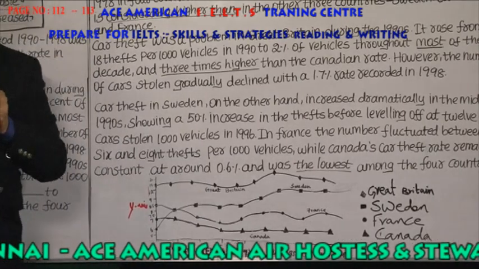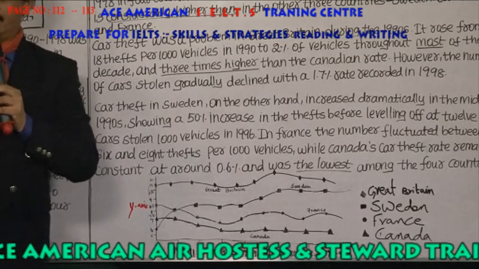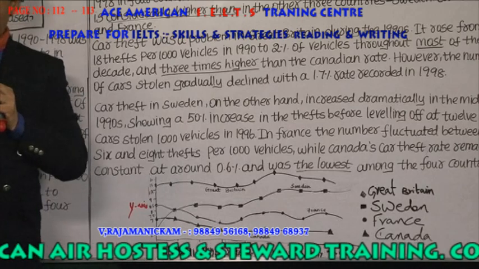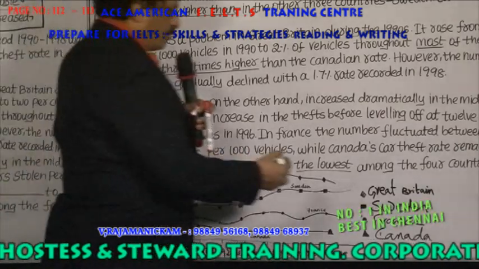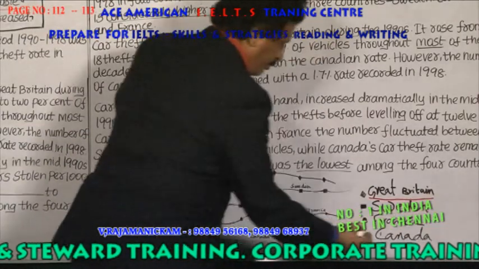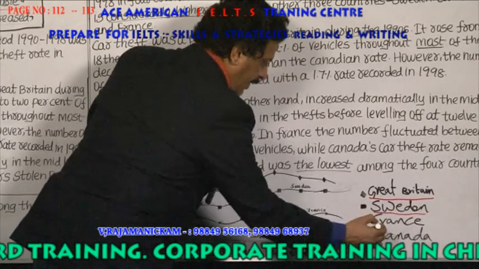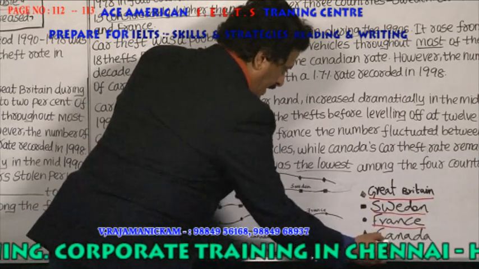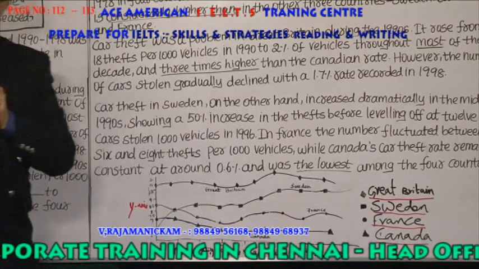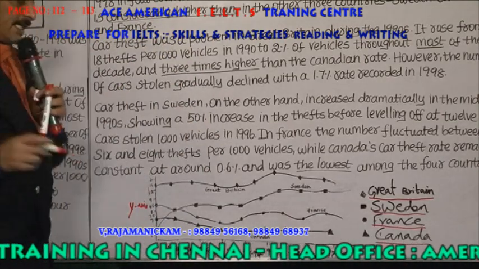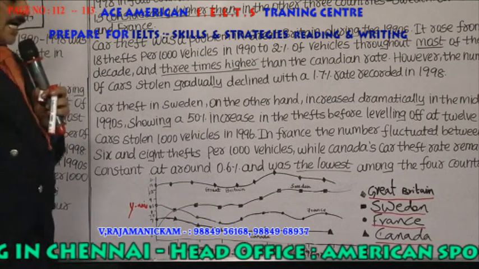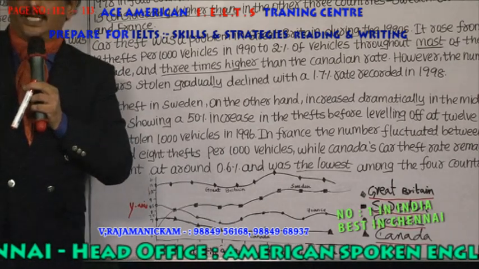Out of 1,000 cars, this number of cars have been stolen. Which are the countries? Great Britain is a country. Sweden is a country. France is a country. Canada is a country. These are the 4 countries. In these 4 countries, how many cars per 1,000 have been stolen?